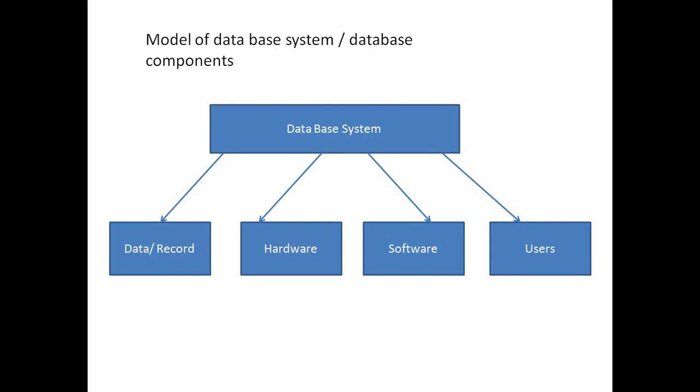And DBMS software, of course, is the main part of the software family here in a database system. And we also require application programs through which users can access and store data, and users can have manipulations over data in a database. So we require in software the operating system and DBMS software as well as application software such as MS Access, Oracle, etc.